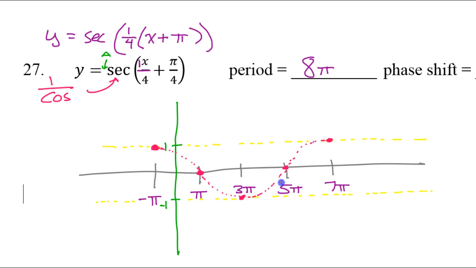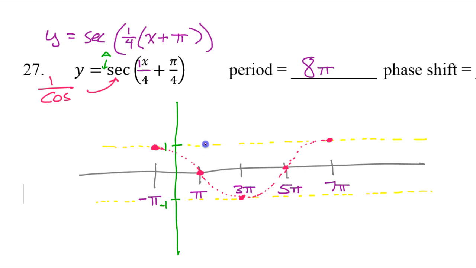Now, everywhere the cosine function is touching the midline, there should be an asymptote there. It's really obvious why that is when the midline is the x-axis, because right here is where cosine is 0. So since secant is 1 over cosine, if cosine is 0, that's undefined.